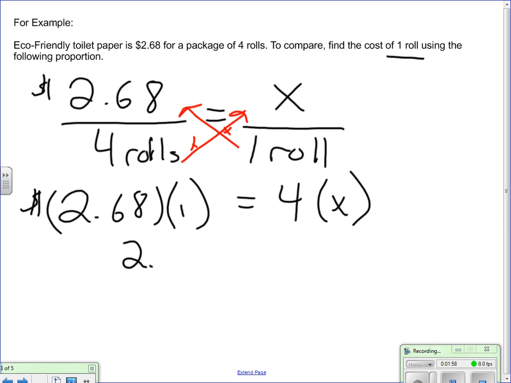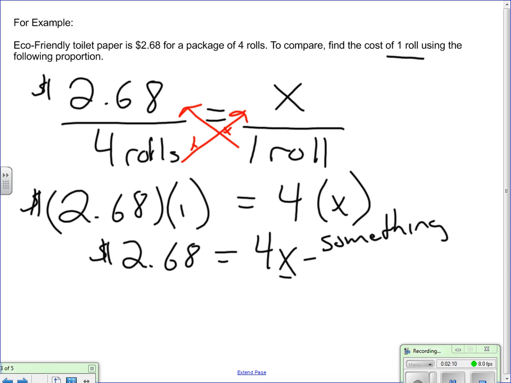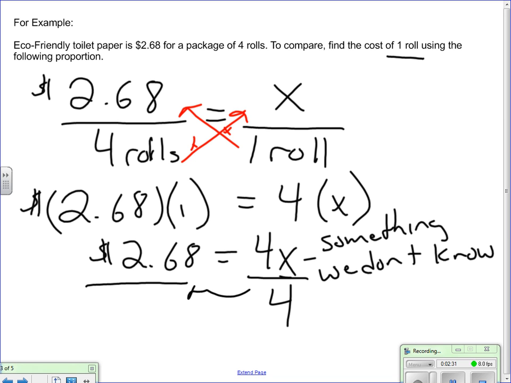So 268 is going to be equal to 4X. Remember, X is something we don't know. So to solve for X on this side of the equation, we have to eliminate the 4. In other words, we have to get the X by itself. So 4 times X, the opposite would be divide. If I divide it by 4 on this side, remember I have to do the same on the other side.